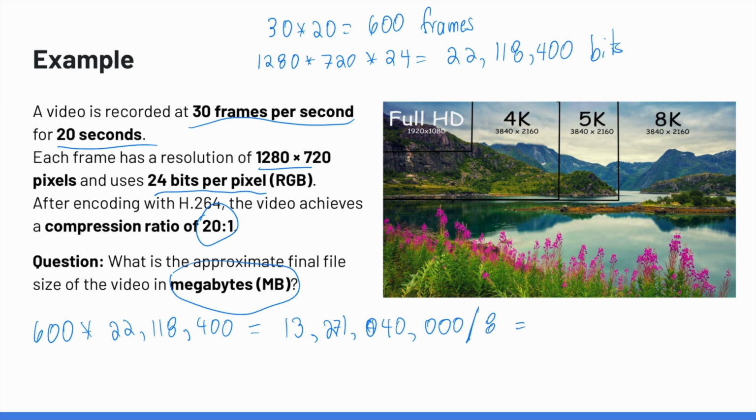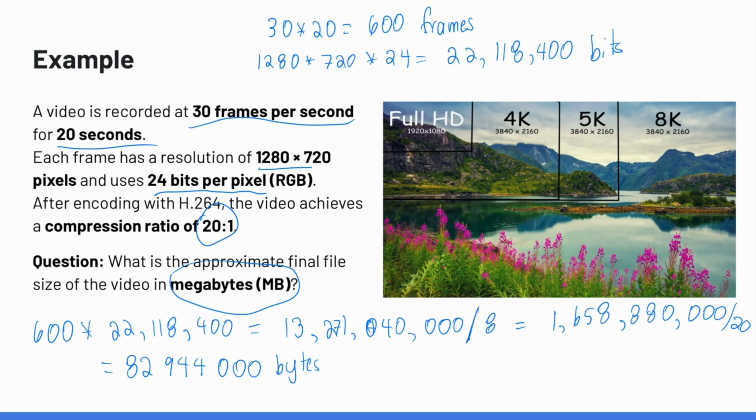And that's going to give us 880,000. And then for compression, we divide that by 20. If you divide that by 20, we end up with 944,000 bytes.